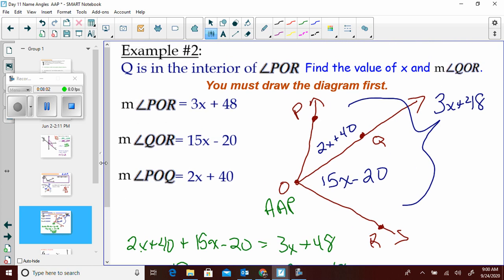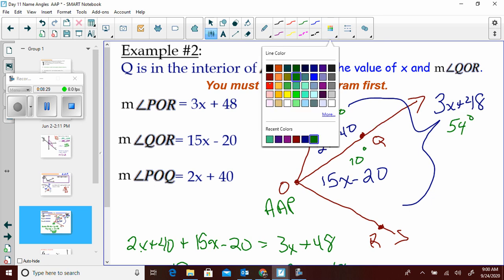Okay. We'll make sure that works. X is 2. 2 times 2 is 4 plus 40 is 44 degrees. 15 times 2 is 30 minus 20 is 10 degrees. 3 times 2 is 6 plus 48 is 54 degrees. 10 plus 44 is 54. All right, this is key, guys.